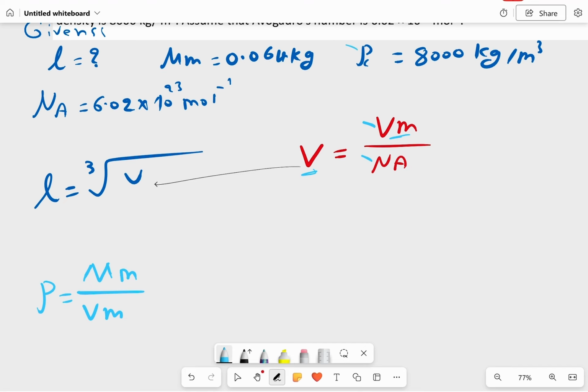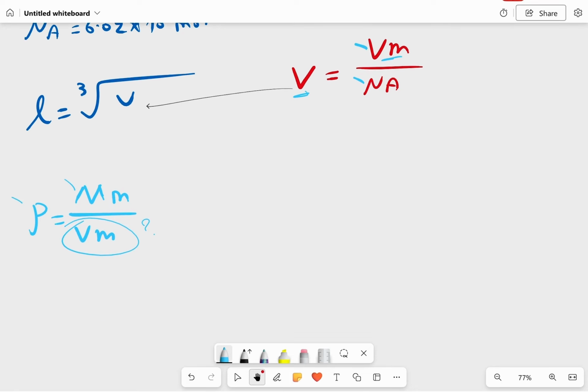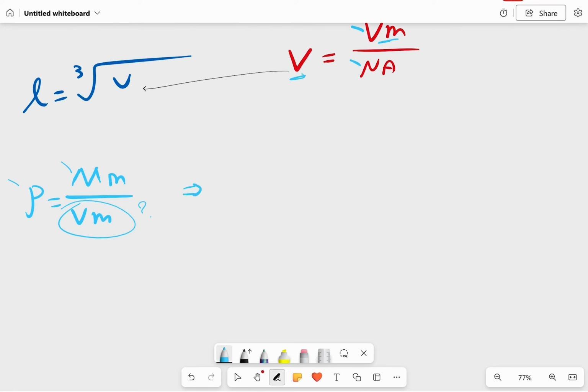Yes, I have. Do I have molar mass? Yes, I have molar mass too. Can I find this one? Yes, I can. So let's rearrange the equation. You have density divided by 1, molar mass divided by molar volume, cross multiplication. So you have molar volume is equal to molar mass divided by density. Now put the givens.